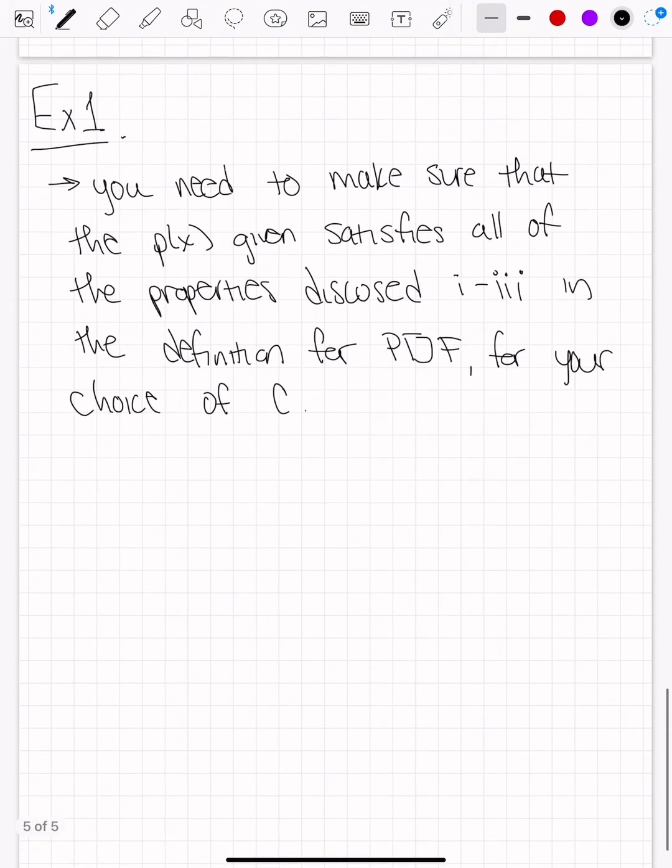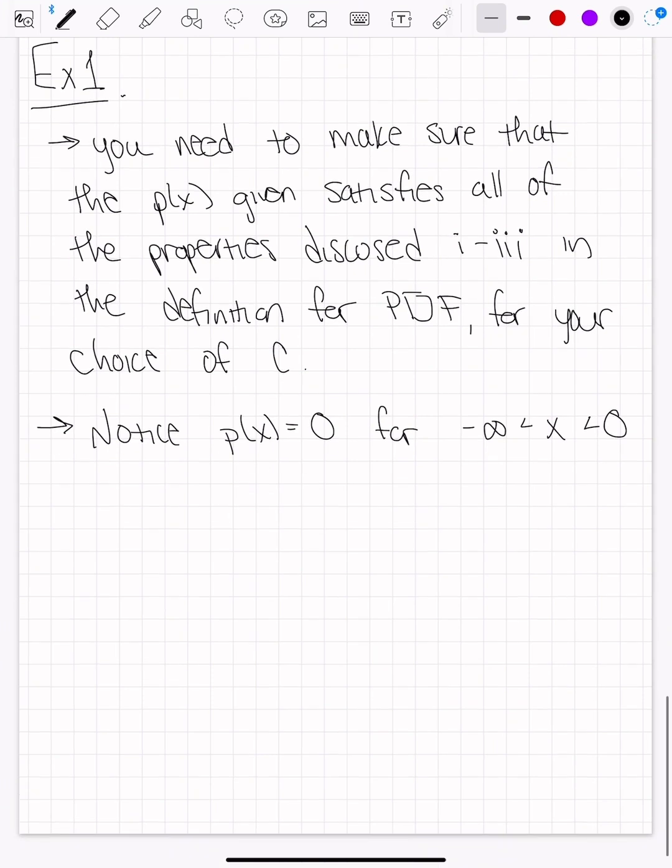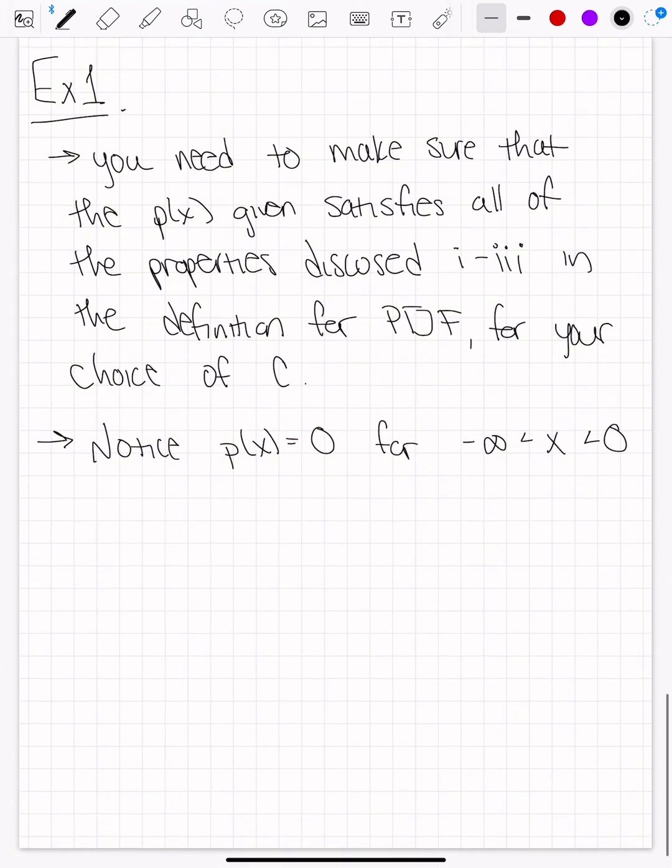And then the second hint is to notice that p of x is 0 for all x values between negative infinity and 0, right? It says if x is less than 0, then p of x is equal to 0. So this means that the integral from negative infinity to 0 of p of x dx is 0, right?